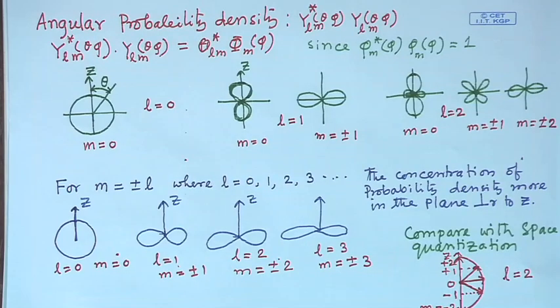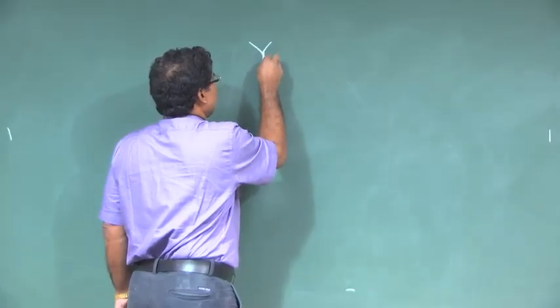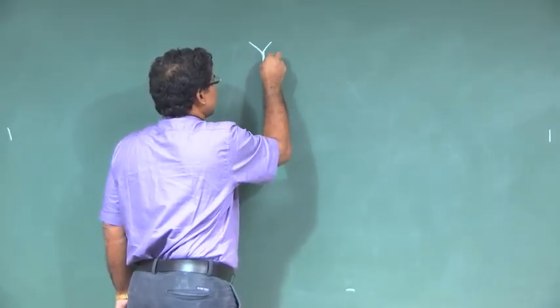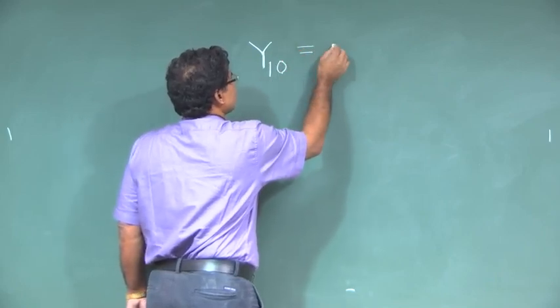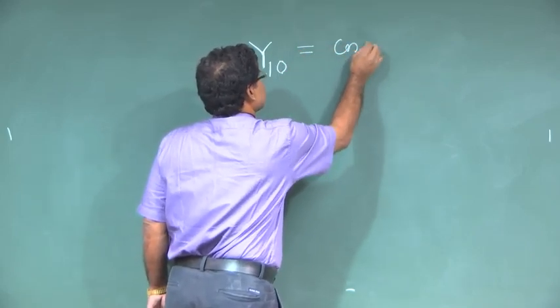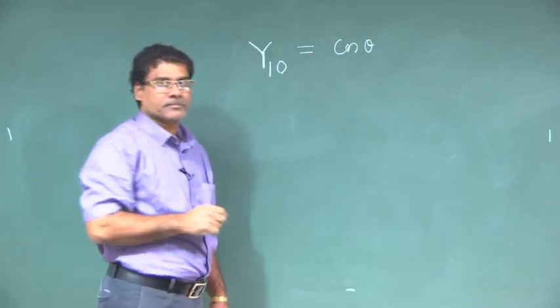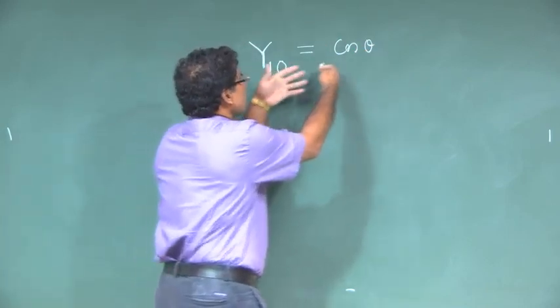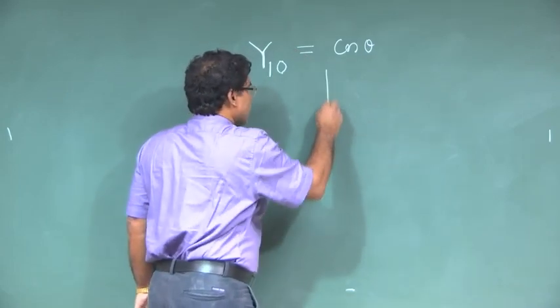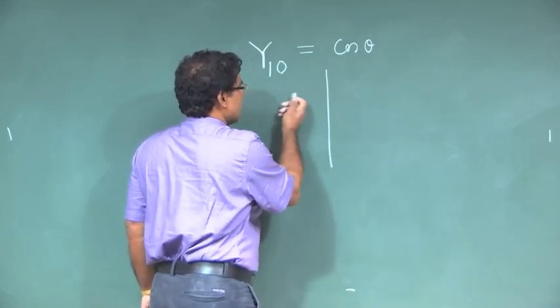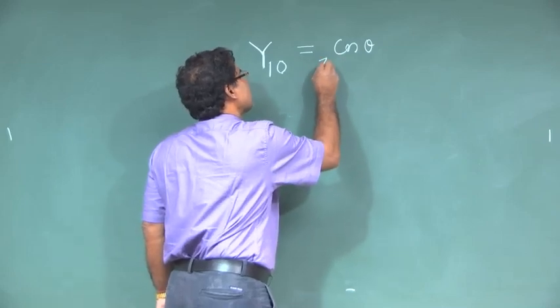What we have seen: for L equal to 1 and M equal to 0, this term basically has cos theta. Now the probability will be the square of it. If I plot this wave function, this is the z axis.